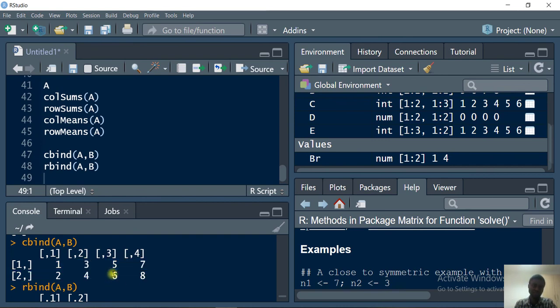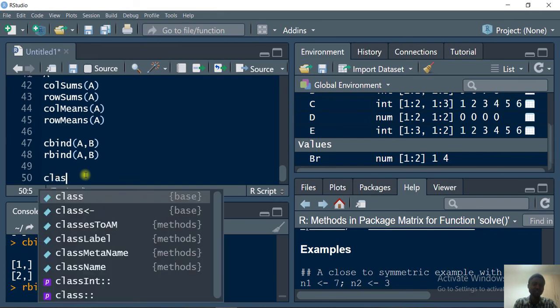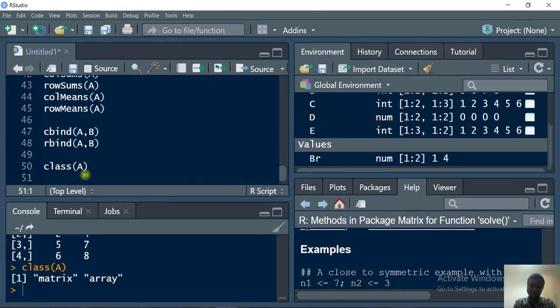So what we have been doing so far, we have been using the matrix function to create a matrix from scratch. So if you check the class of A, it tells you it's a matrix or an array. The same thing, you can create a matrix by combining two vectors together.